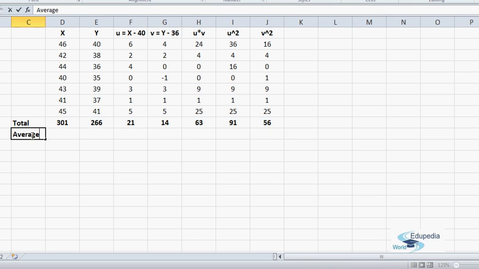The average would be the value here divided by the number of performers, that is 7. Similarly let's find it for the other one.